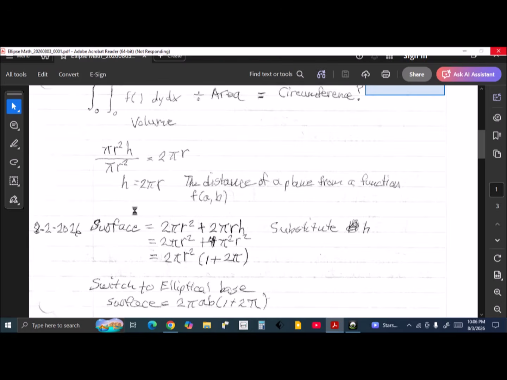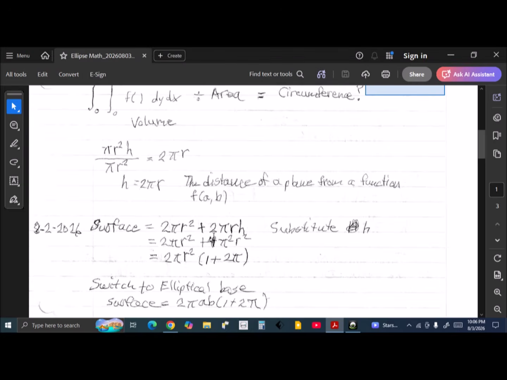So the formula for the surface of a cylinder with a circular base would be 2 pi r squared twice, the top and the bottom, plus 2 pi r h.